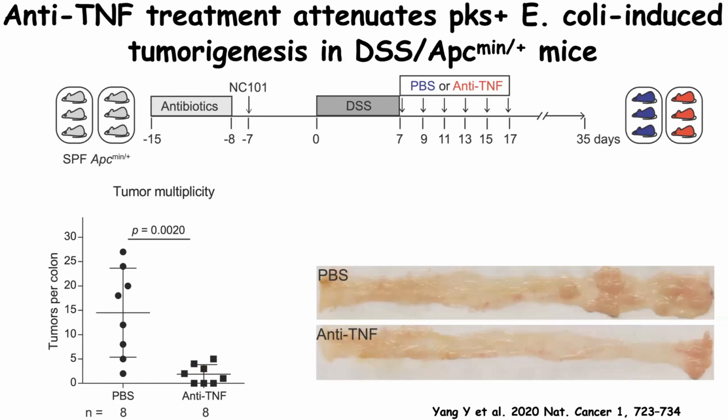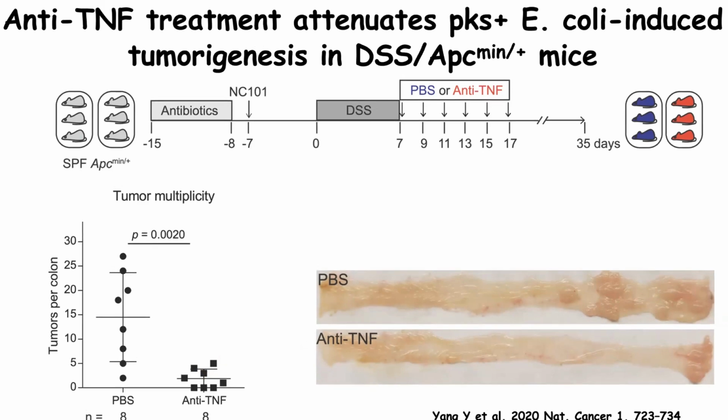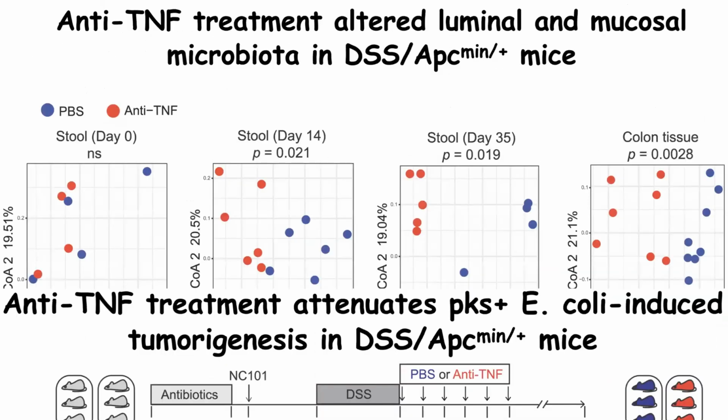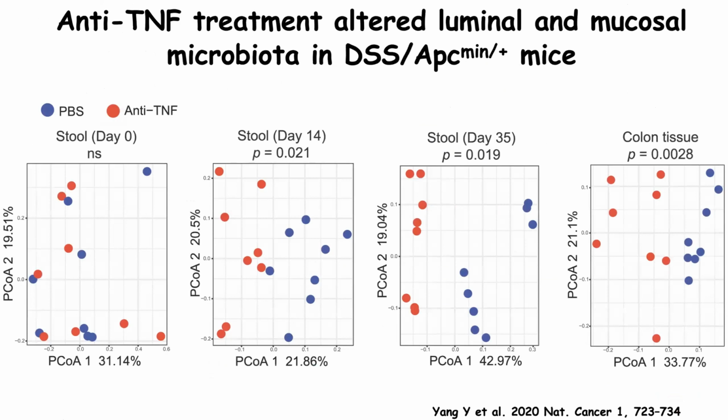We don't know the mechanism, but because I told you inflammation changes the microbiome, we thought we would look at the microbiome over time, because we could follow these mice and collect their stools at day 0, 14, 35, and at the time of euthanasia.